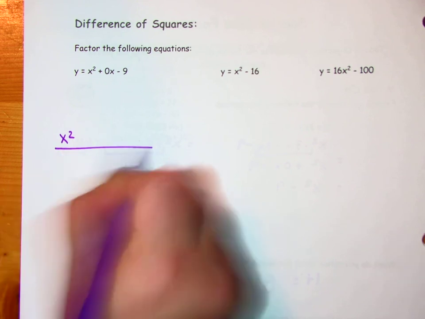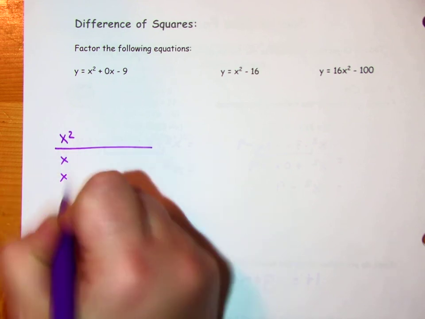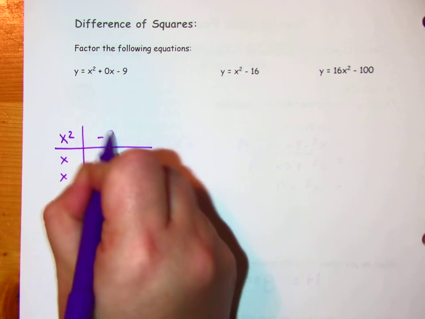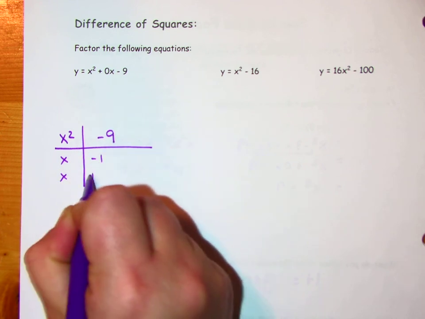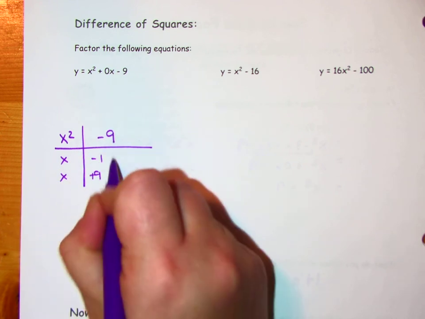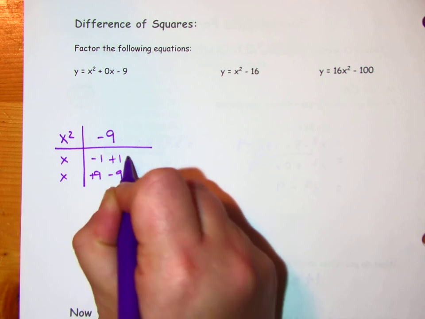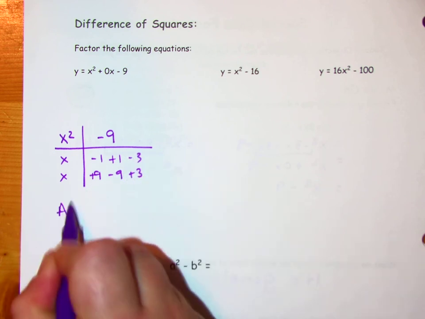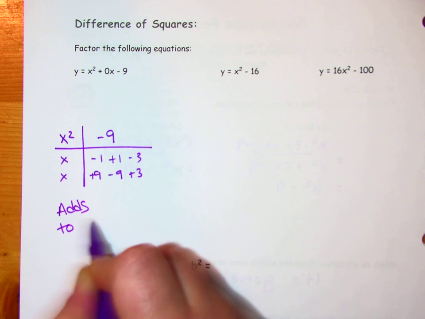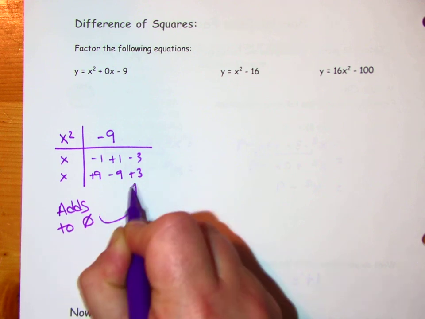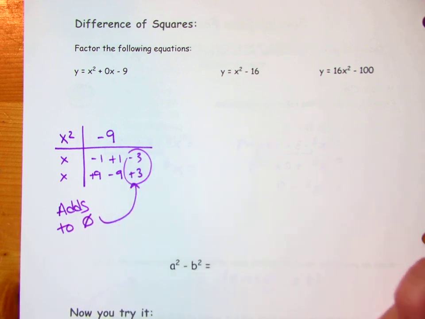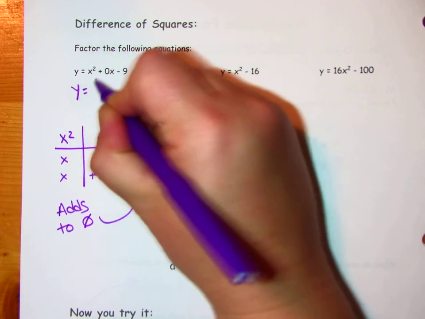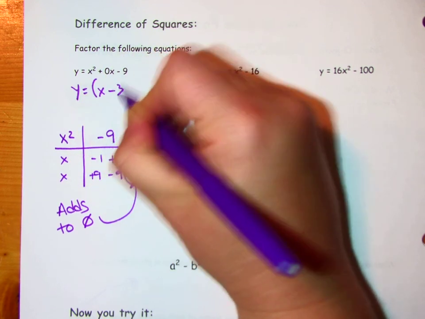Just x and x, right? What two numbers multiply to -9? -9, +1, or sorry, 9, +1, -9, -3, +3. And of these, what adds to 0? And there it is there. So you can quickly gather that information and write out your factored form equation.